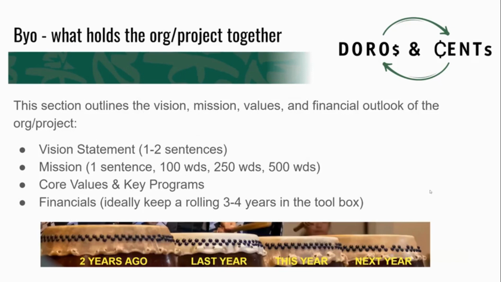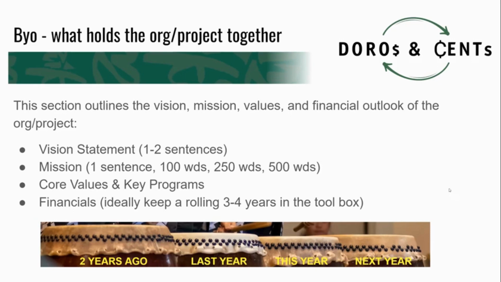So the bio, right, the next level of your toolbox, is what holds your organization or your project together. This section outlines the vision, the mission, the values, and also very importantly, the financial outlook of your group.